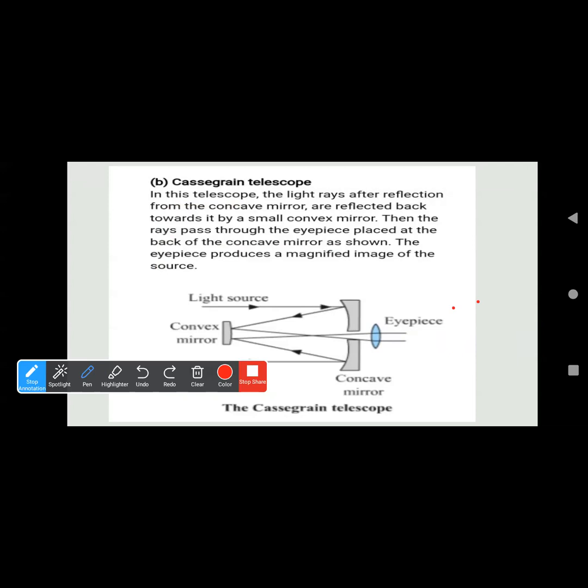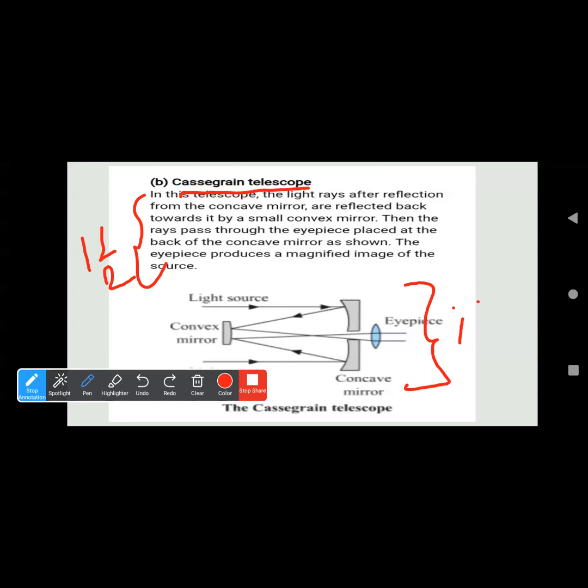Okay. So the name, that is Cassegrain Telescope, and the description, it carries 1.5 marks, and this diagram carries 1 mark. So let us see. So you have to underline Cassegrain Telescope, and you have to label the diagrams properly.